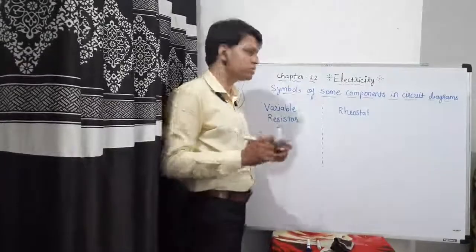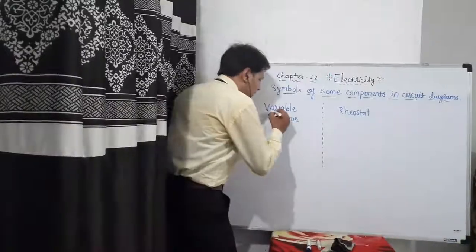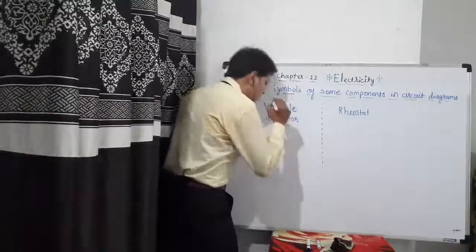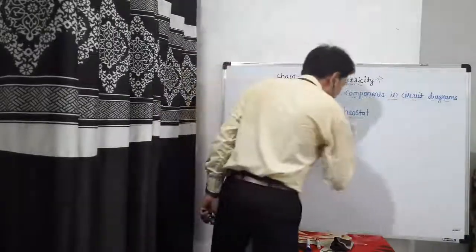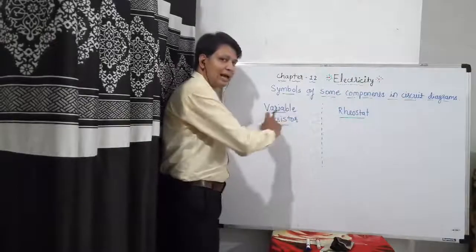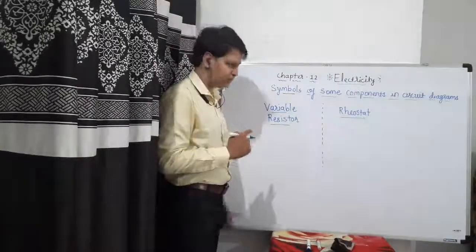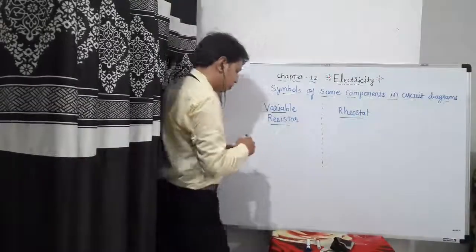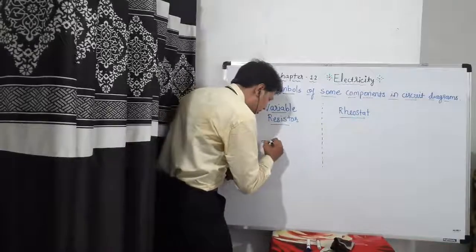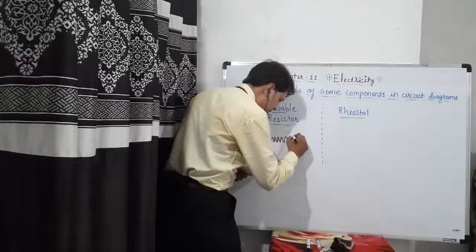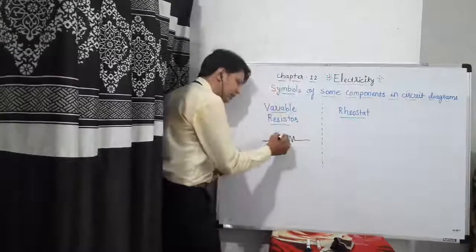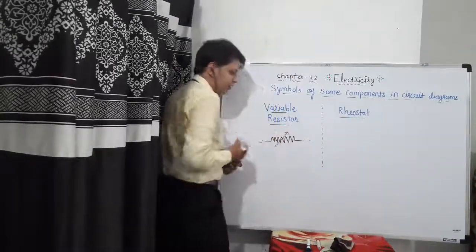Now we are going to start the diagram for a variable resistor or a rheostat. These both have the same nature. Let me show you a diagram of the same nature but symbolically represented in a different manner.